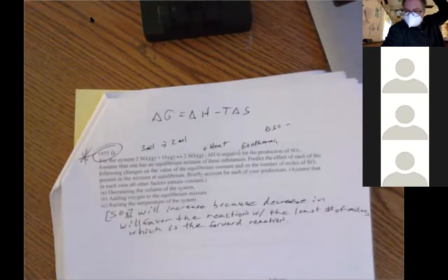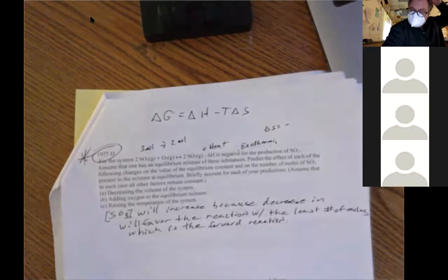Right? So we get more moles of SO3 forming because of less space.